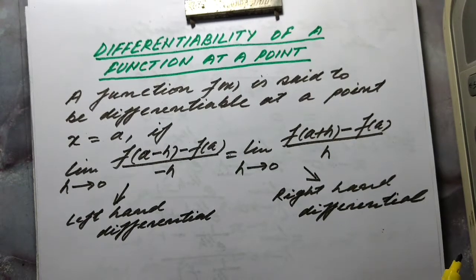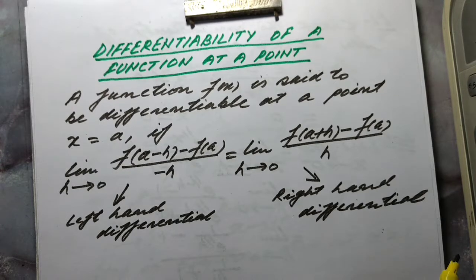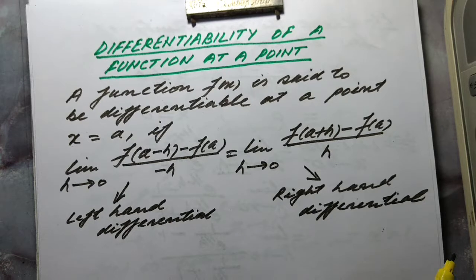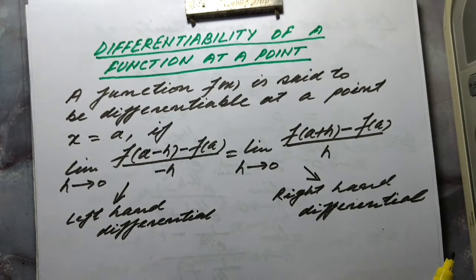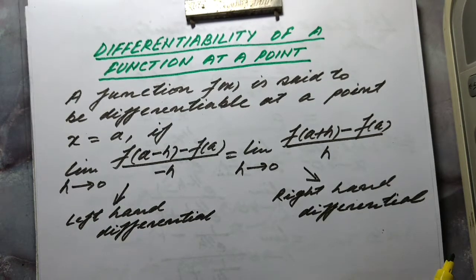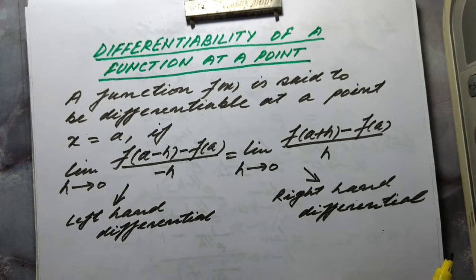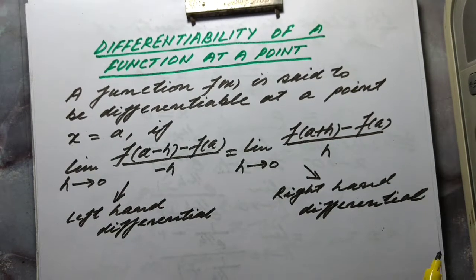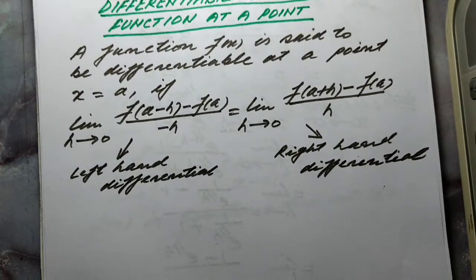Geometrically, if we talk about differentiability of a function, then a function is said to be differentiable at a point if a tangent can be drawn to the curve of the function at that point.